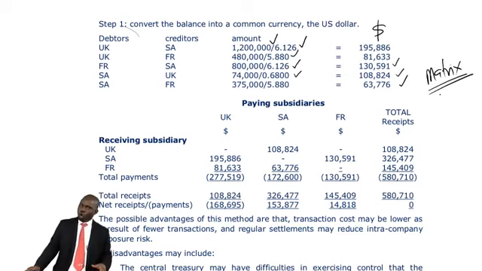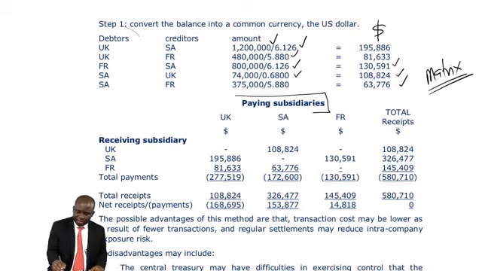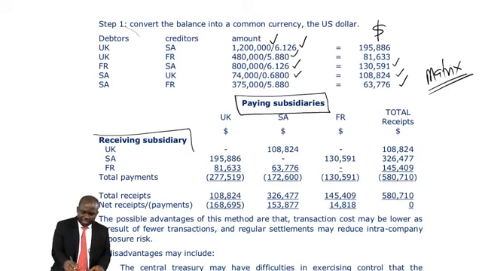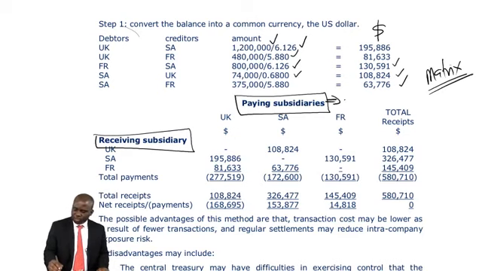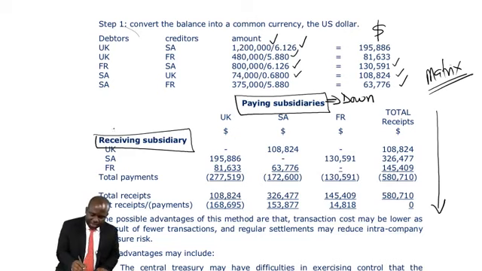All you have to do is create two columns broadly, one for paying subsidiary and one for receiving subsidiary. If it is paying subsidiary, you read down. If it is receiving subsidiary, we read across.